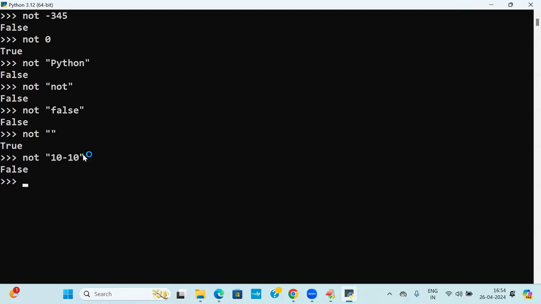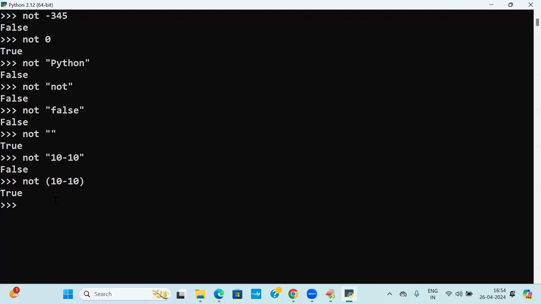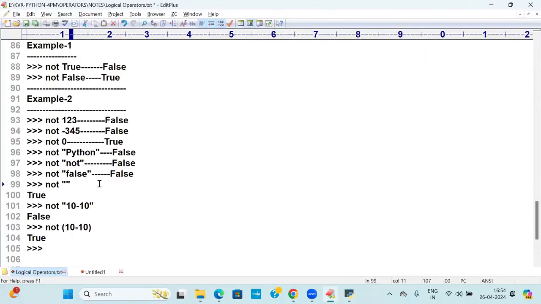Suppose you are taking not of 10 minus 10, not of 10 minus 10. That time it is called true. So I hope this is also more clear. Clear? Very good. So you qualified this type of answering.